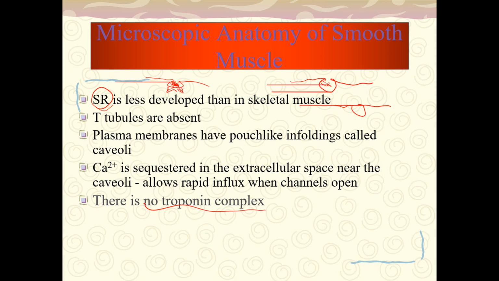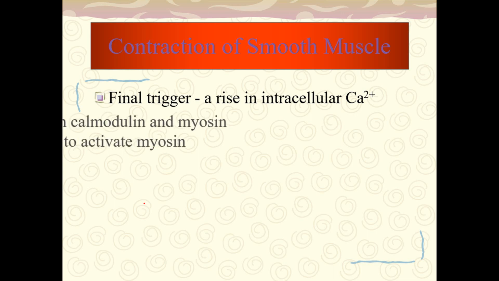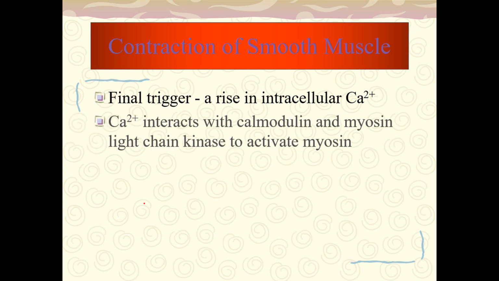Okay, so what does calcium do? What calcium is going to do is interact with calmodulin and myosin light chain kinase. I don't know if I've told you this or not, but I'm telling you now, kinases all do the same thing. They all add a phosphate group.